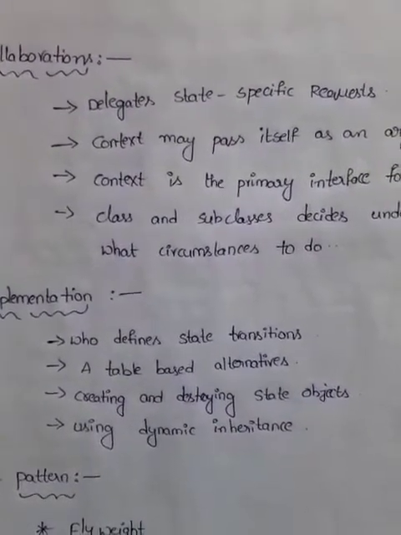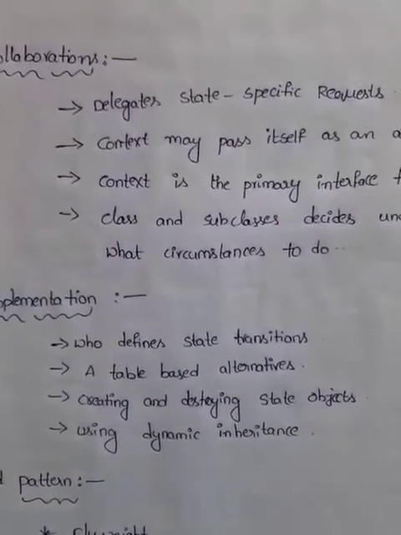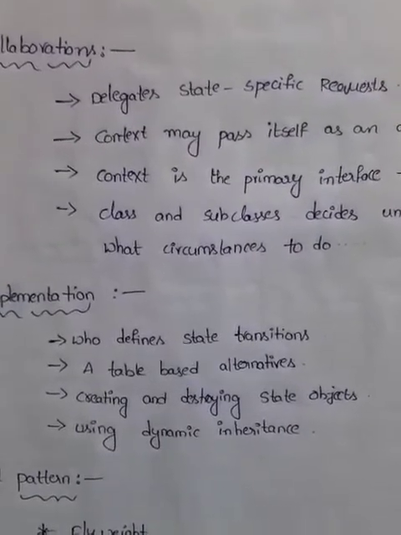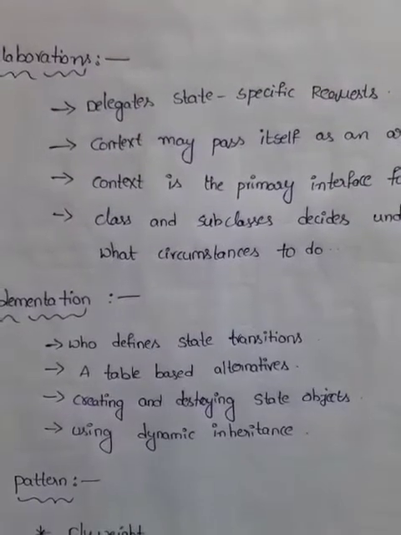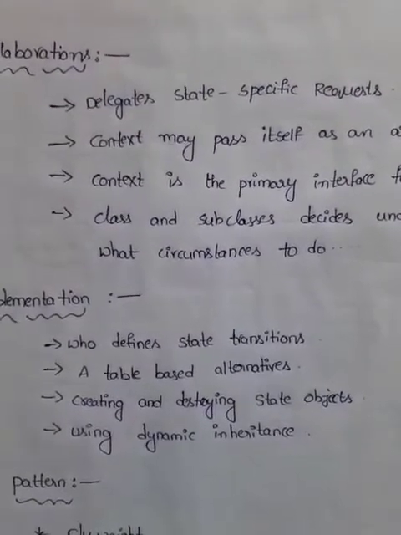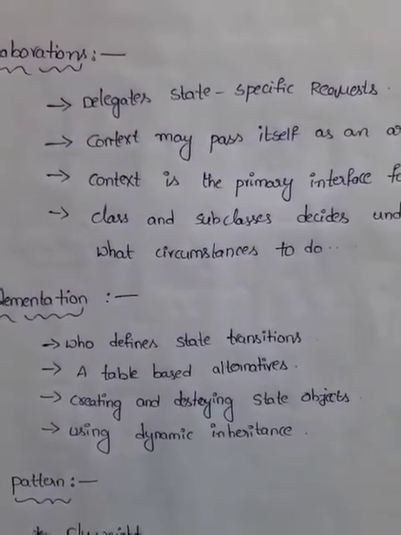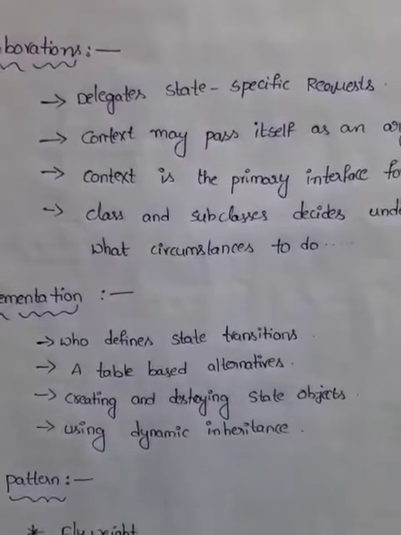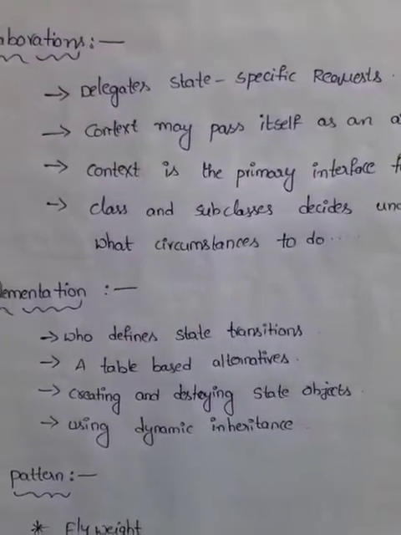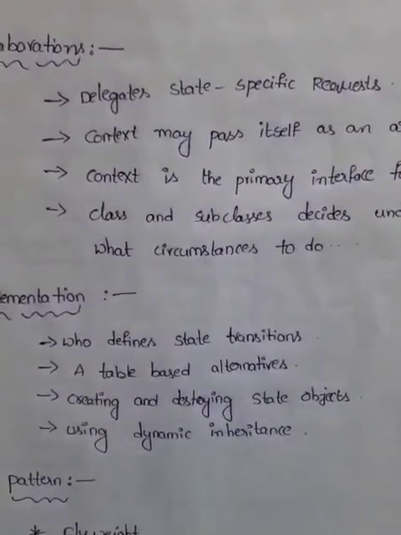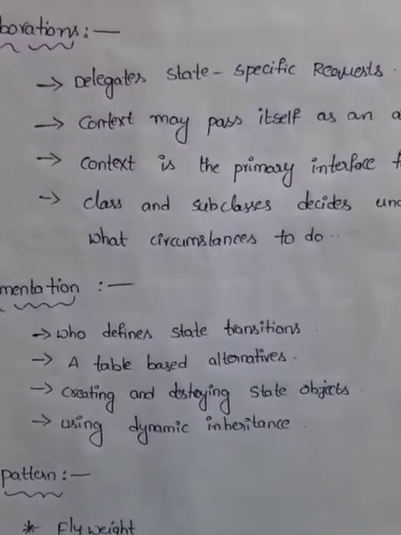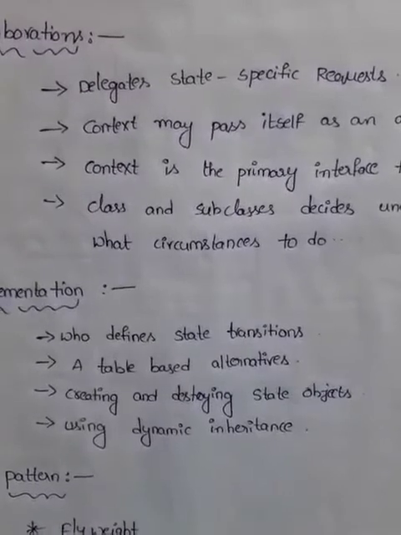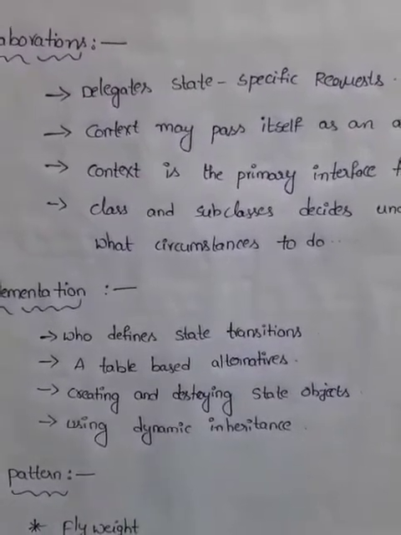And coming to the next one, using dynamic inheritance. Changing the behavior for a particular request could be accomplished by changing the object's class at runtime, but this is not possible in most object oriented programming languages. The exceptions include Self and other delegation based languages that provide such a mechanism and hence support the state pattern directly.